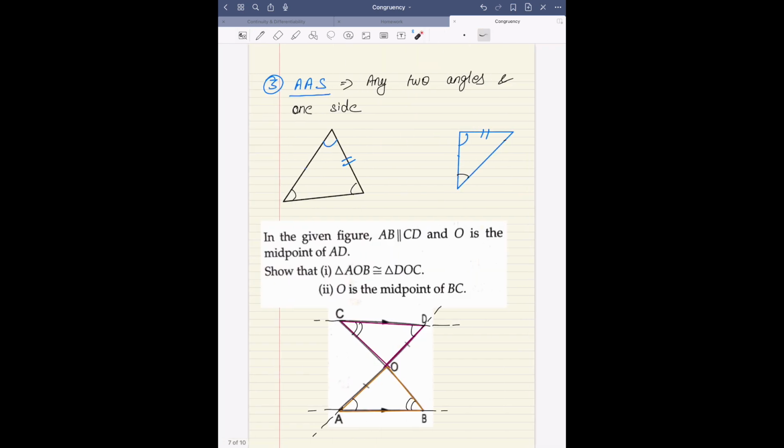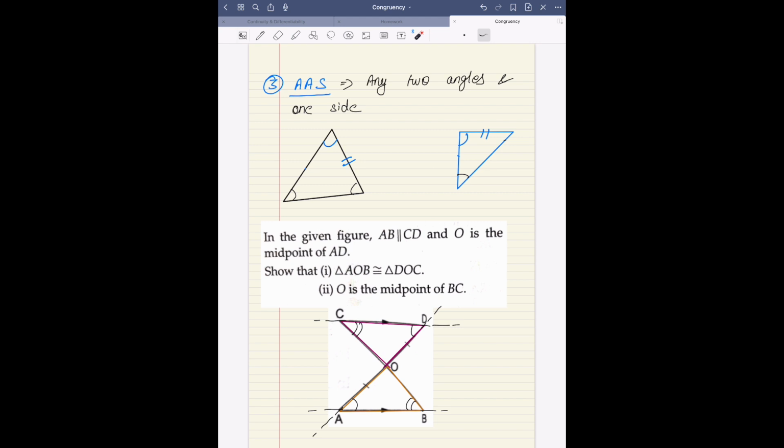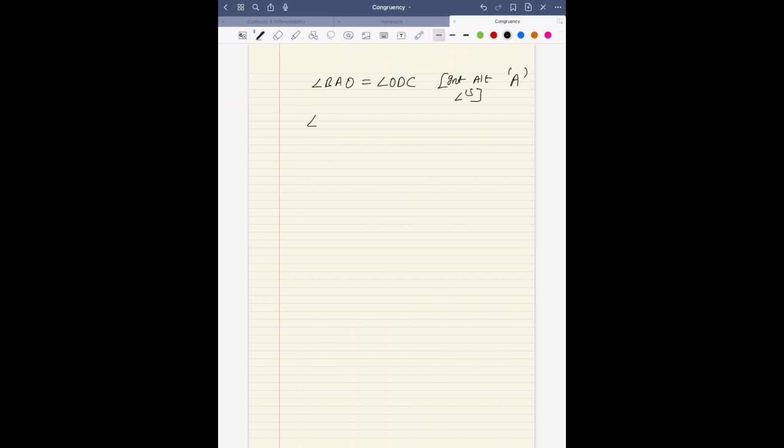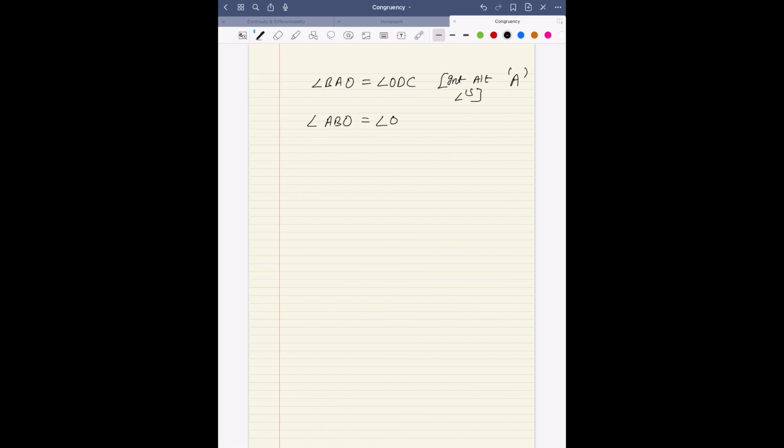Okay, BAO, which is this, is equals to ODC, which is this. Similarly, angle ABO is equals to angle OCD. Again, same reason, interior alternate angles.